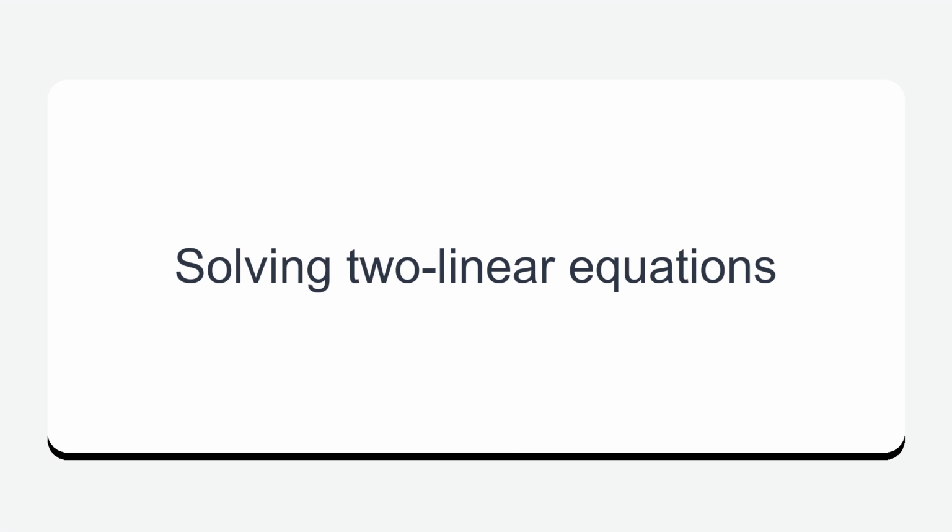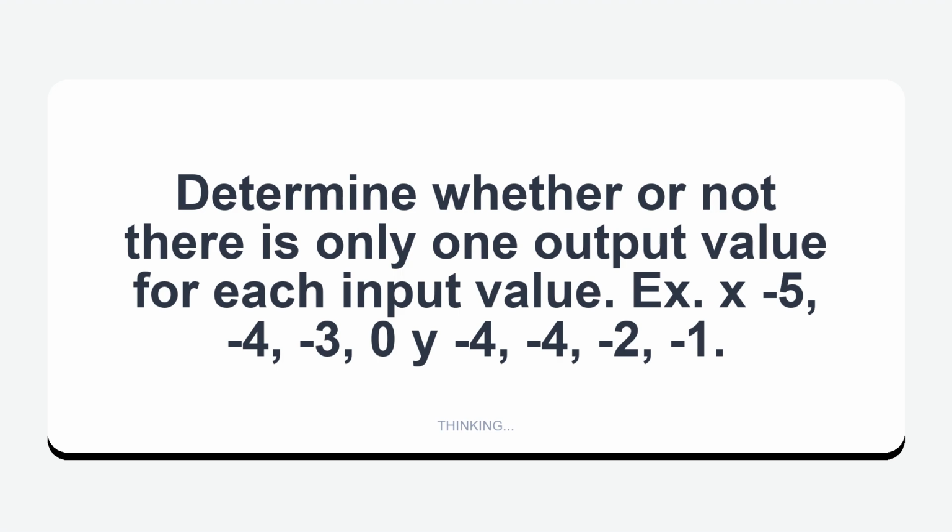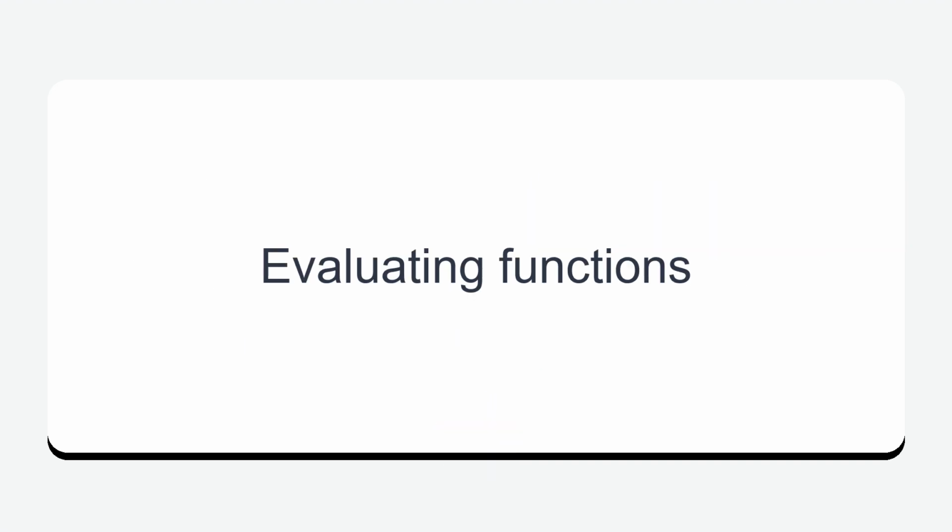Solving two linear equations. Determine whether or not there is only one output value for each input value. Example: x: -5, -4, -3, 0; y: -4, -4, -2, -1. Evaluating functions.